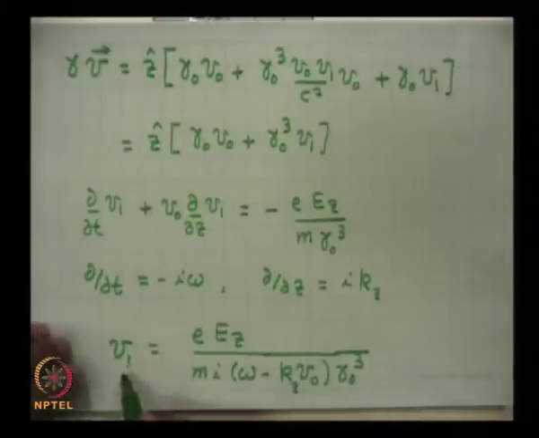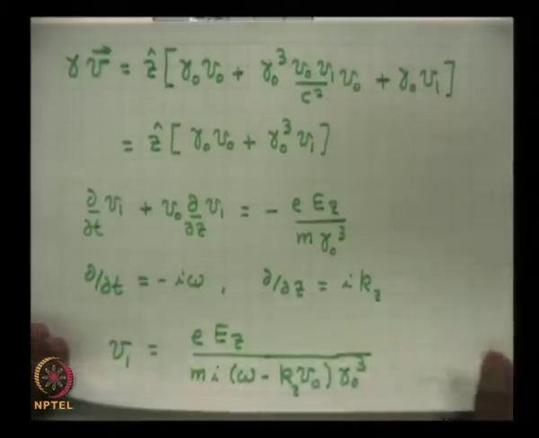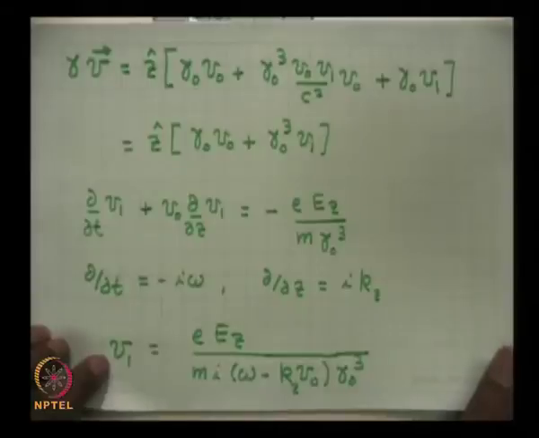This V1 is the z component of electron velocity due to the electromagnetic wave.